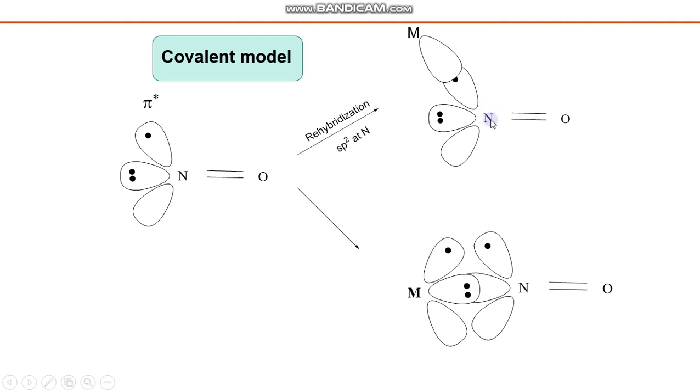So logically we have to conclude that this system is least feasible as compared to this one. This overall model, where there was no gain or loss of electron from metal toward nitrosyl or nitrosyl toward metal, is therefore called the covalent model.